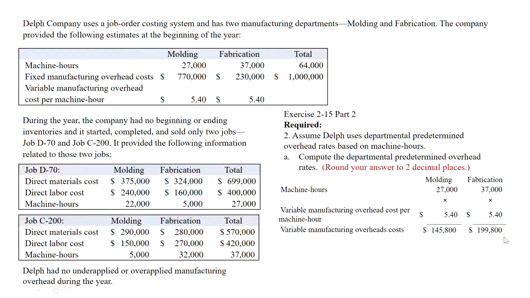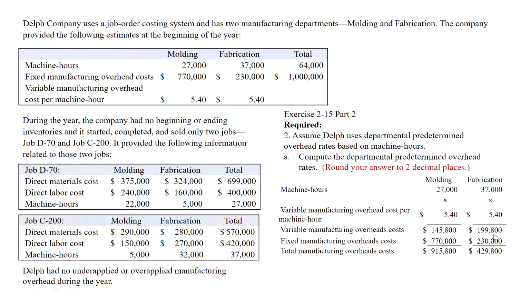Now at this point you may say, hey, wait a second, this looks very similar to what we did for plant-wide, where we just added these together and lumped it in with total fixed cost. Here's where things are going to diverge. We're going to keep these separate between molding and fabrication. To that total variable manufacturing overhead cost for molding, we're going to add fixed manufacturing overhead costs for molding of $770,000 to get total manufacturing overhead costs for molding of $915,800.